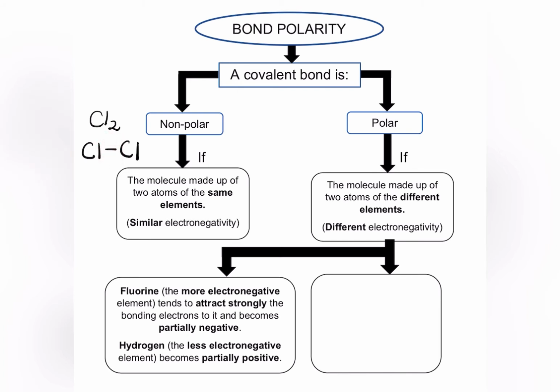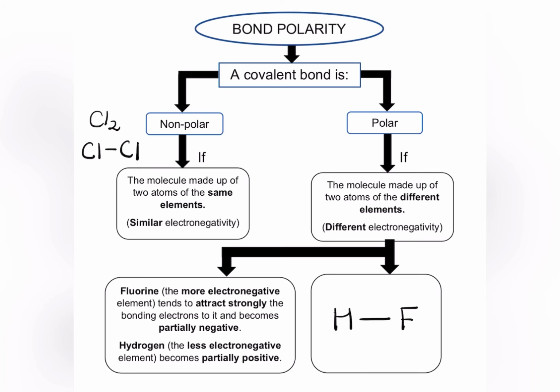Now we go to the covalent bond which is polar. So how does it happen? Dia akan terjadi apabila the molecule is made up of two atoms with different elements ataupun dengan lebih tepat lagi adalah different electronegativity. So as you see here, contohnya saya ada hydrogen dan fluorine. The formula is going to be HF, H bonded to fluorine.